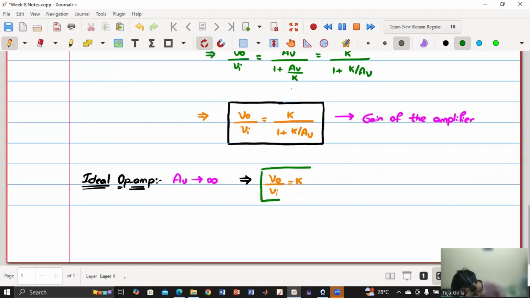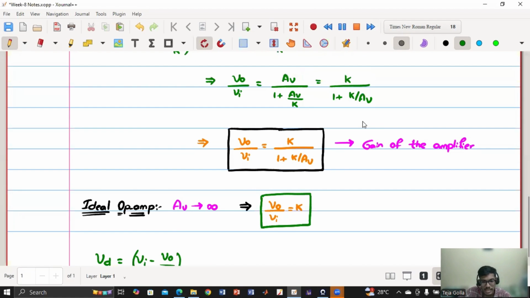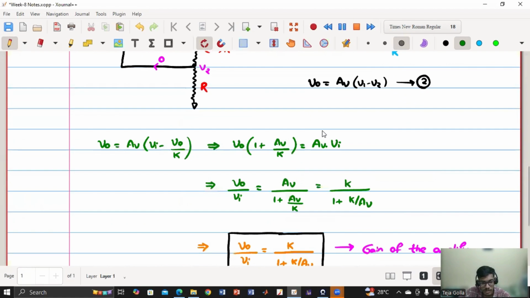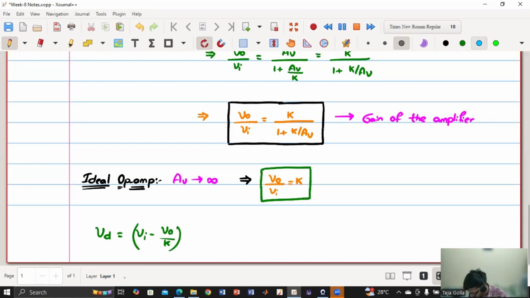Now in this case, let us calculate one expression, which is Vd, which is nothing but Vi minus V naught by K. Because we have seen Vd is nothing but Vi minus V naught by K, right? Because from equation 1 we got that. So let me write that same thing from equation 1.